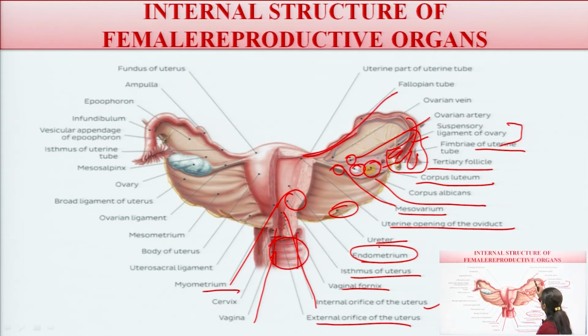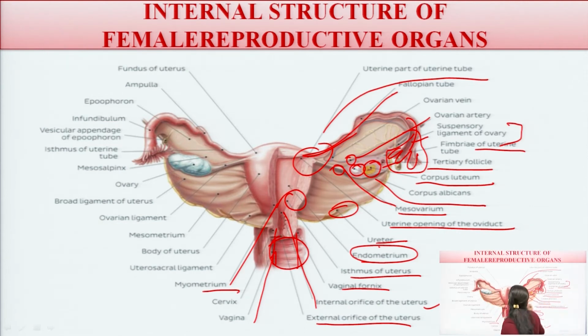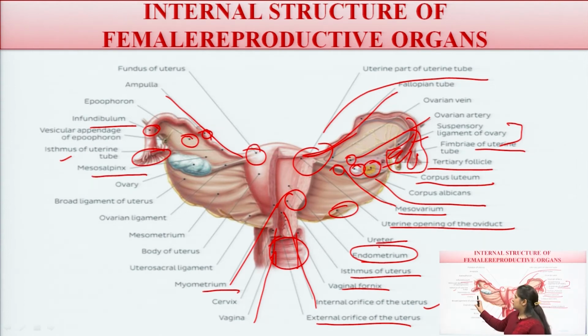This is the fallopian tube, and this is the uterine part of the uterine tube. Now this is the fundus of the uterus. This is the ampulla, this is the infundibulum, right. This is the isthmus of the uterine tube, the mesosalpinx.